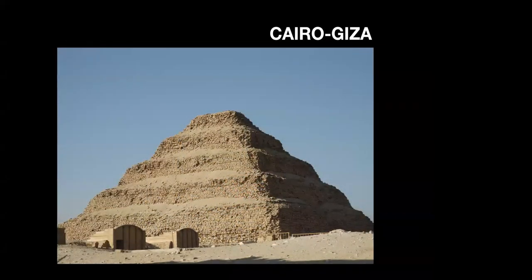So the first day in Cairo is dedicated to the foundation of the modern country and the Islamic Cairo. Our second day in Cairo is dedicated to the ancient Egyptian civilization. So we will drive to Giza.